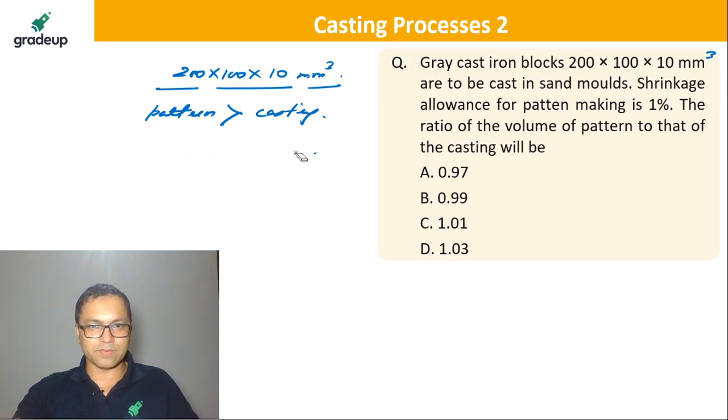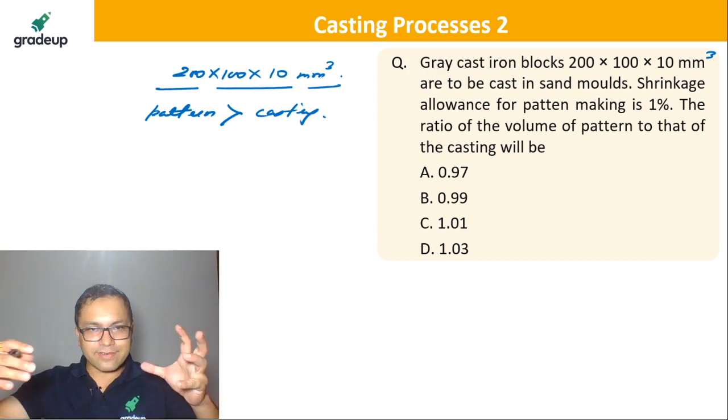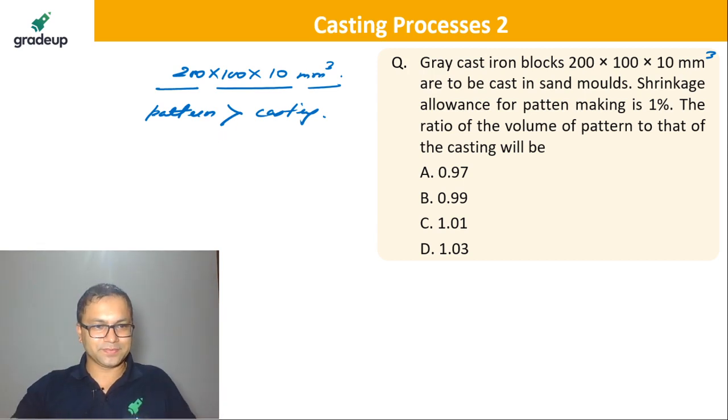So pattern is always made bigger than casting because of solidification, because of contraction, isn't it? So it's always greater than casting. So obviously the ratio of volume of pattern to that of the casting cannot be 0.97 and cannot be 0.99. It can be either 1.01 or 1.03, right?